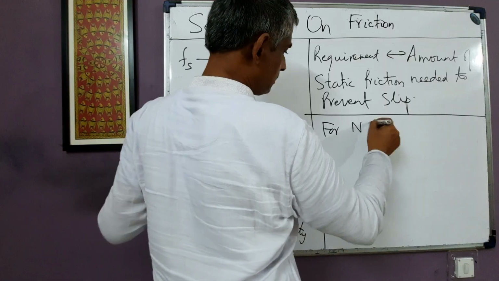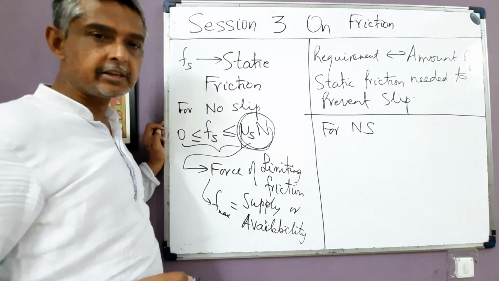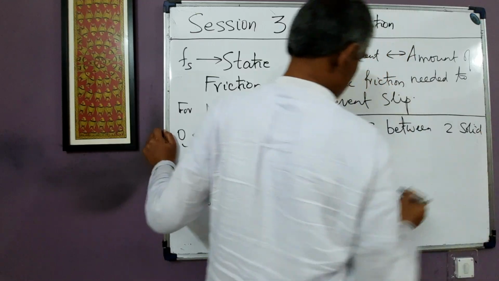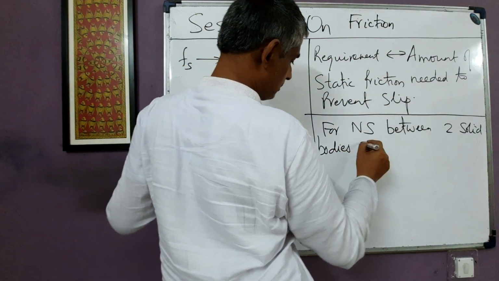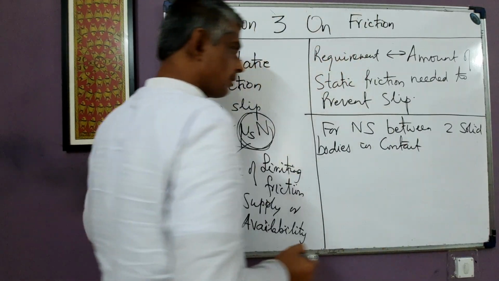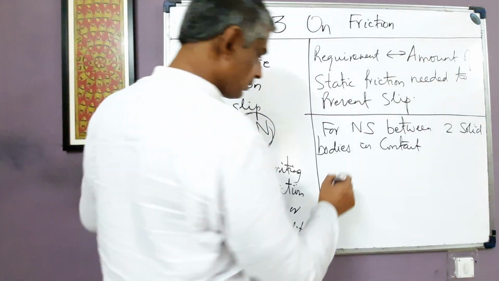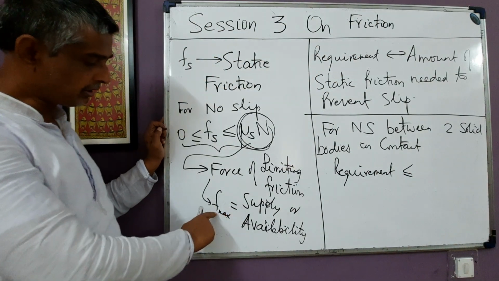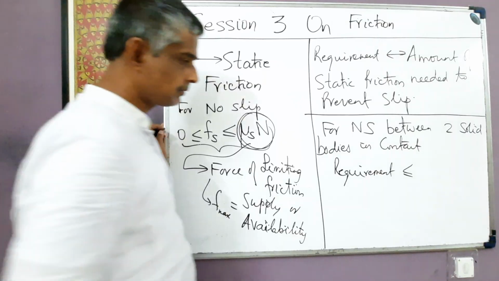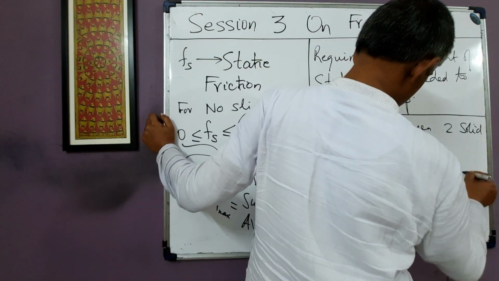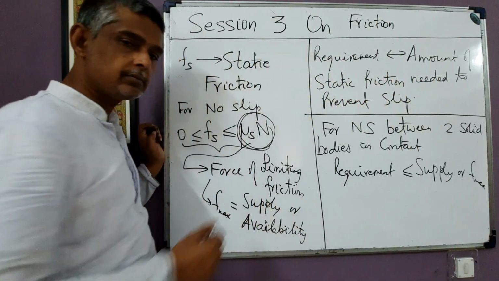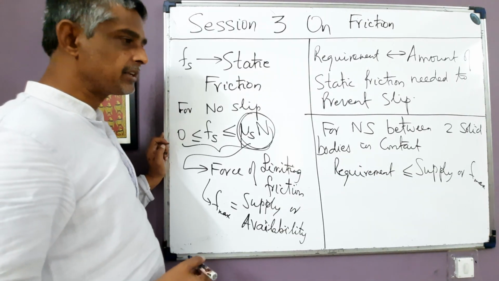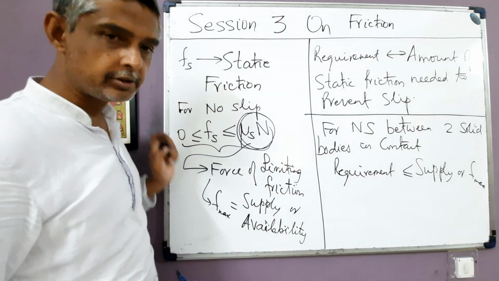For no slip, NS meaning no slip between two solid bodies in contact, requirement should be less than or equal to availability or Fmax or supply or force of limiting friction, or mu S N, whatever name you may call it. So this is the condition for no slip.